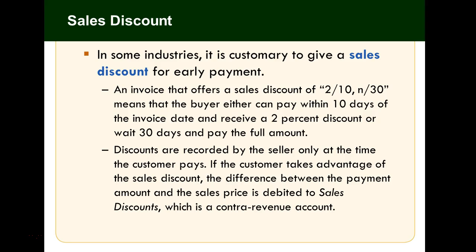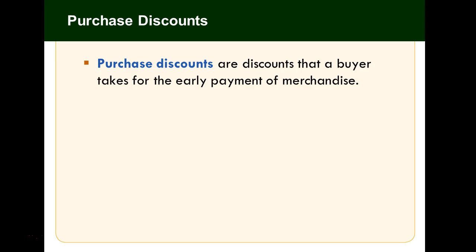Discounts are recorded by the seller only at the time the customer pays. If the customer takes advantage of the discount, the difference between the payment amount and the sales price gets debited to sales discount. So we want to record those so we can see how much is being taken with discounts.